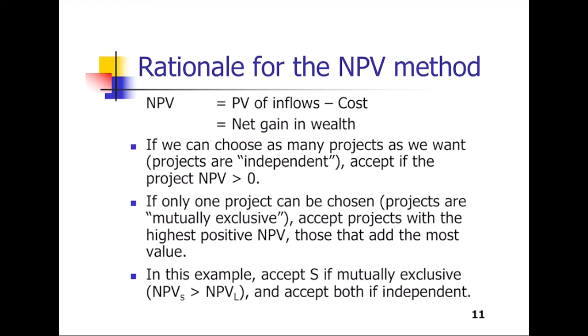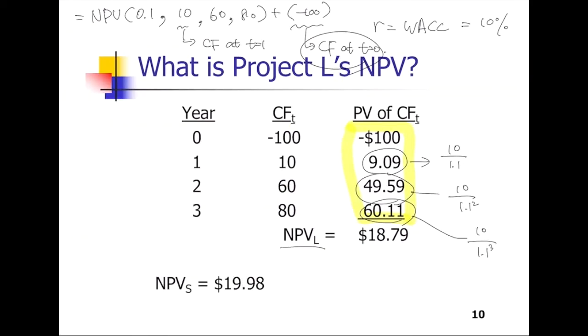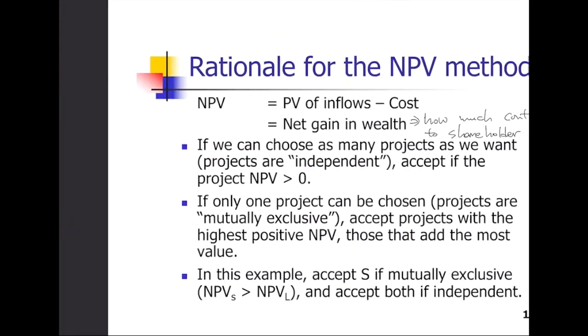It means how much a project contributes to the shareholders' wealth. So we can interpret this, $19.98, this amount of money can be contributed to the shareholders' wealth. It is larger than project L, right? So project S is the better project.